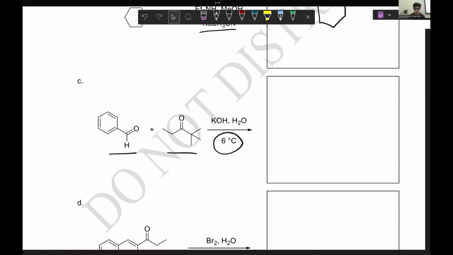Does anyone have an easy way of writing out the product without going through the whole mechanism? How would you do it? First, and then the H is gone, and so the R group.